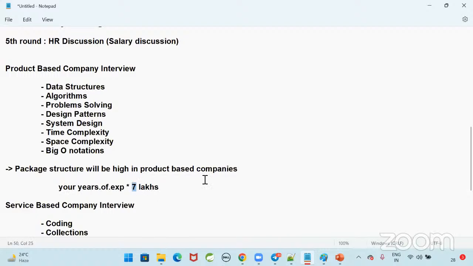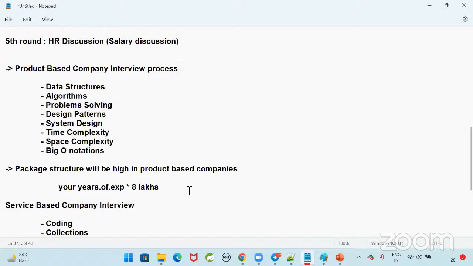Some companies will offer years of experience multiplied by 8 also. That is there in the market. Companies are providing like that. High packages are provided by product-based companies.